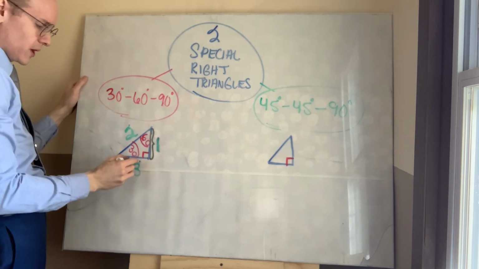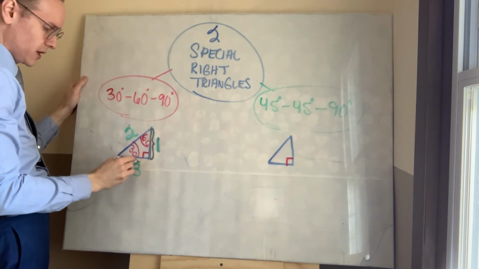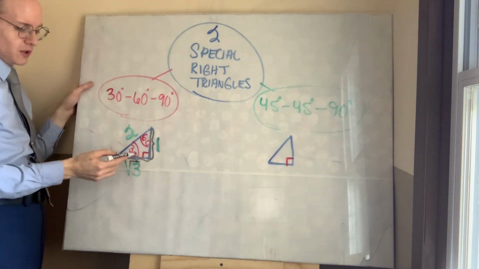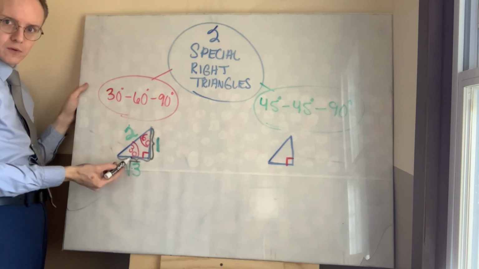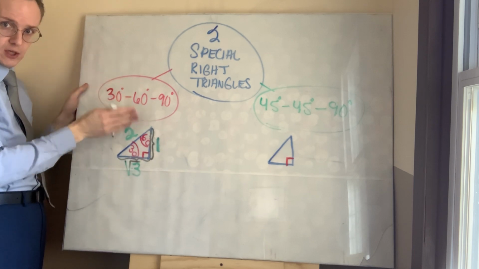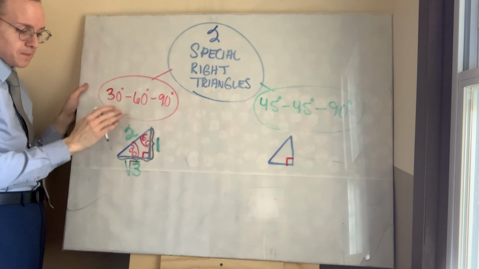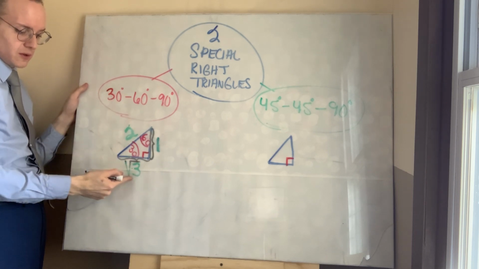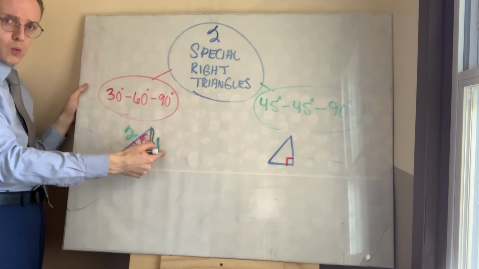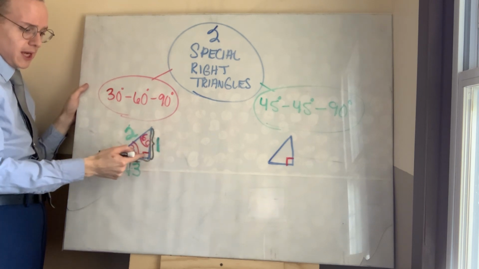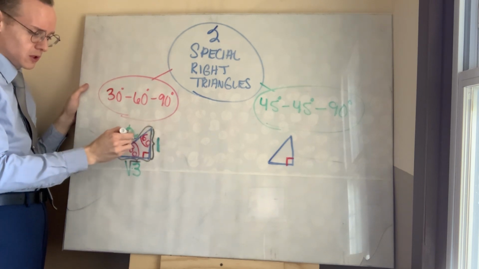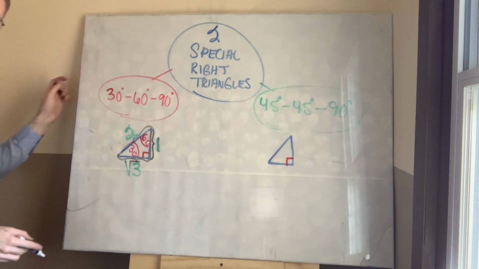The square root of 3 would be riding along the side that is the 30-degree angle. Even if the triangle itself was oriented a little bit screwy, look for the 30, know that there's a square root of 3 adjacent to it. Look for the 60, know that there's a 1 adjacent to it. And the hypotenuse would be 2.